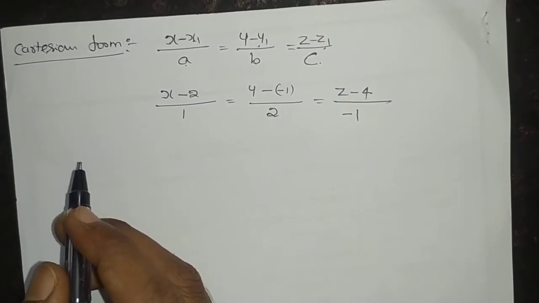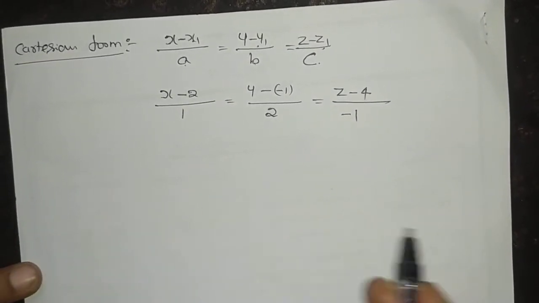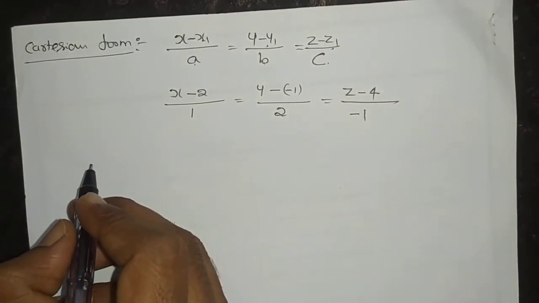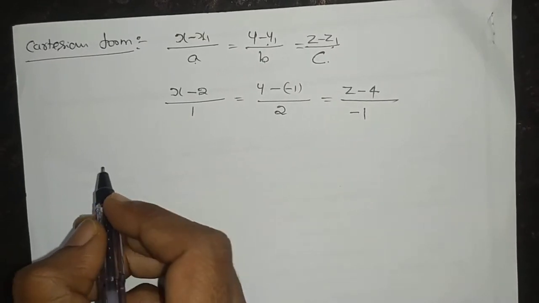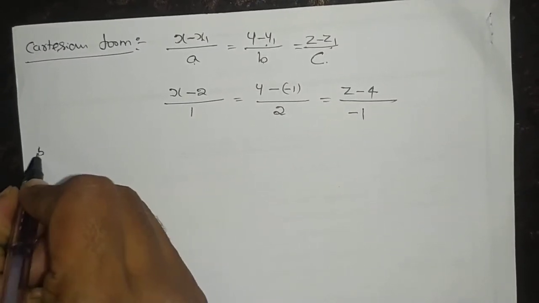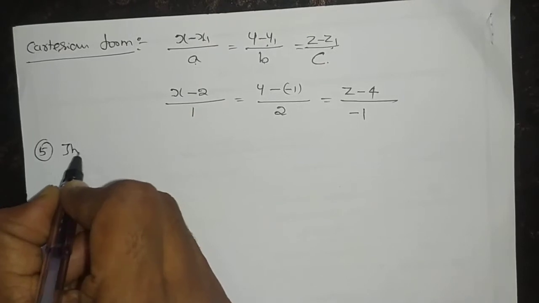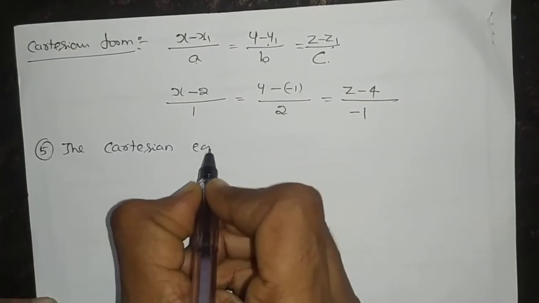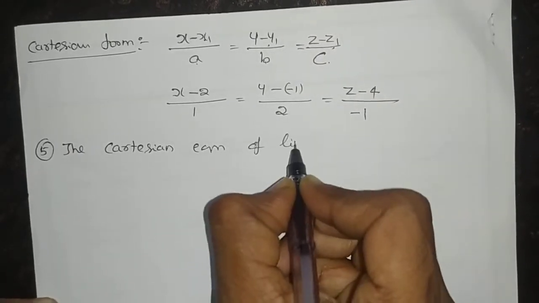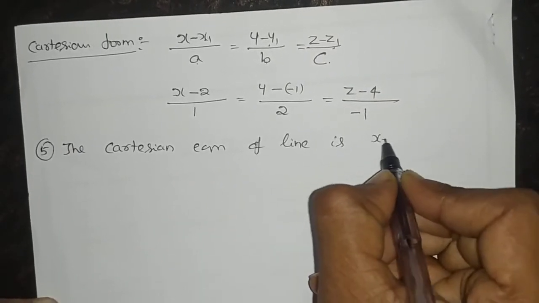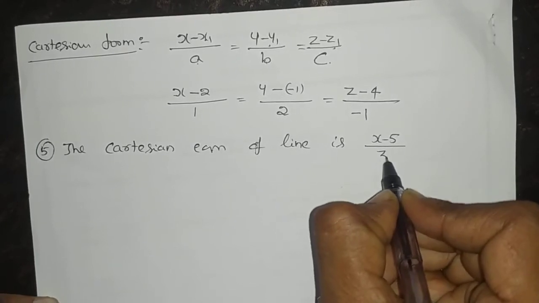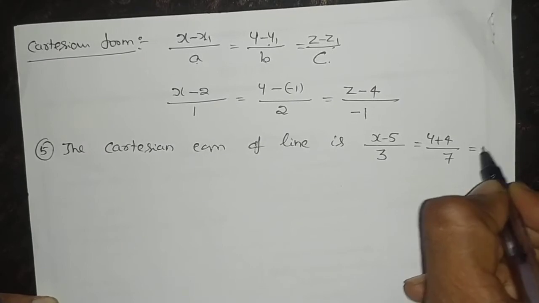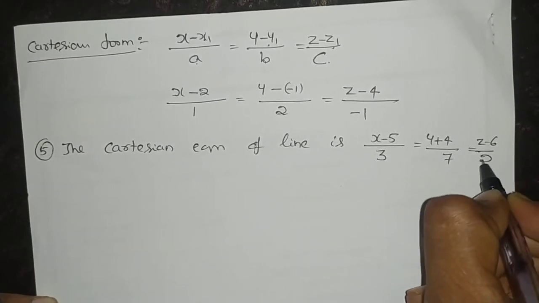Next question, that is homework for you. Kindly do this at your home. Fifth question: the Cartesian equation of a line is (x minus 5) divided by 3, (y plus 4) divided by 7, (z minus 6) divided by 2.